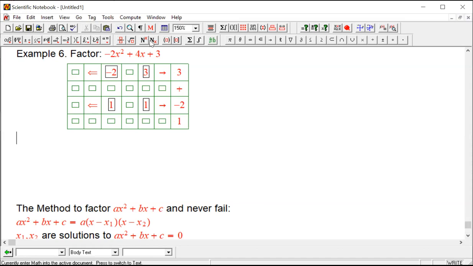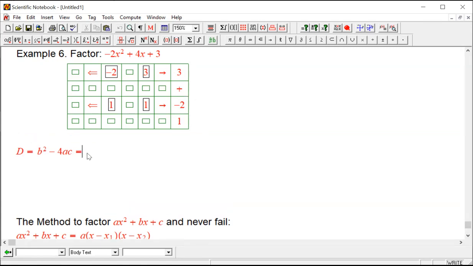A quick way to do this would be b squared minus 4ac, which will give us a quick peek. If b squared minus 4ac is a perfect square, we are looking hopeful. Otherwise, we had better give up as soon as possible.